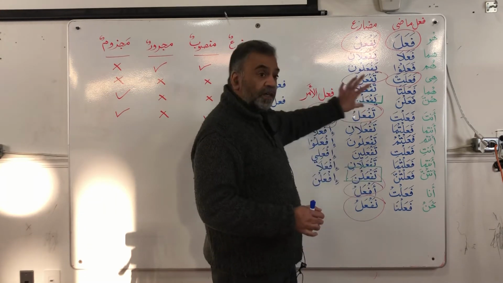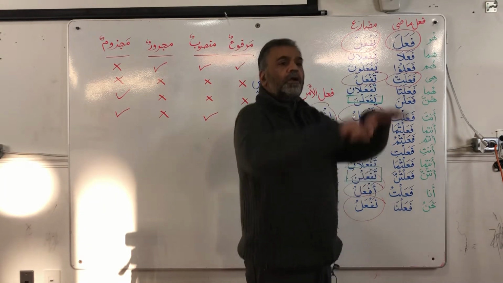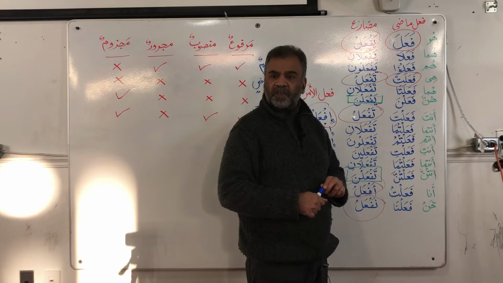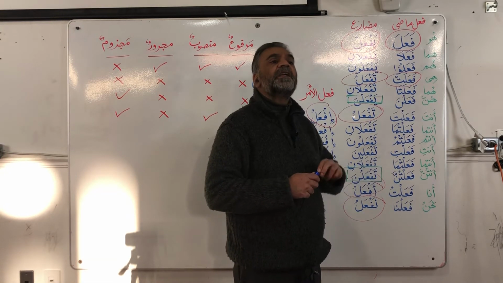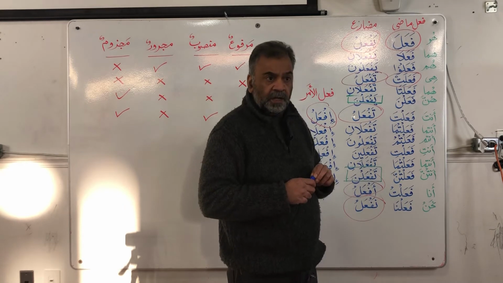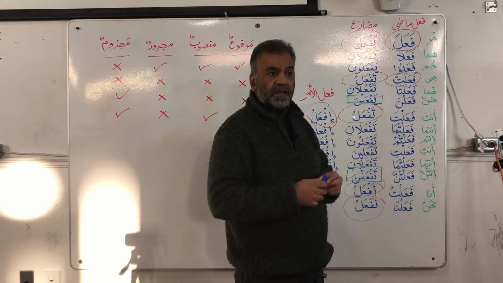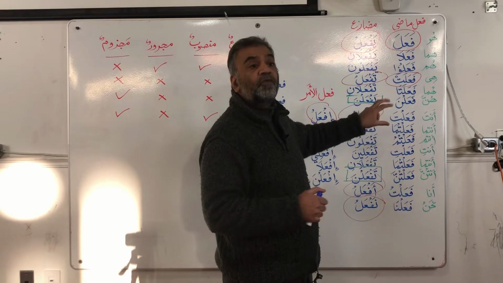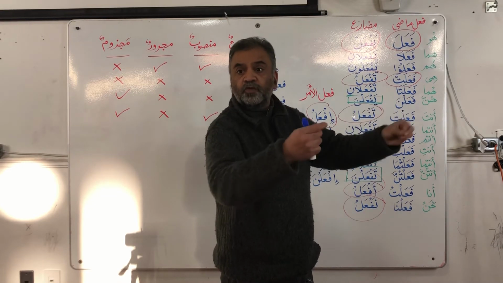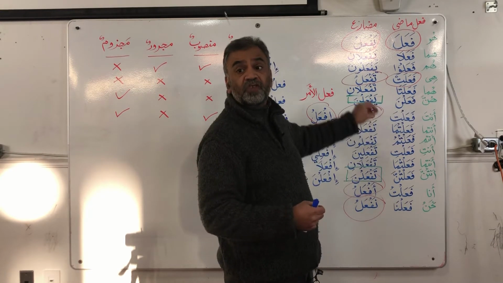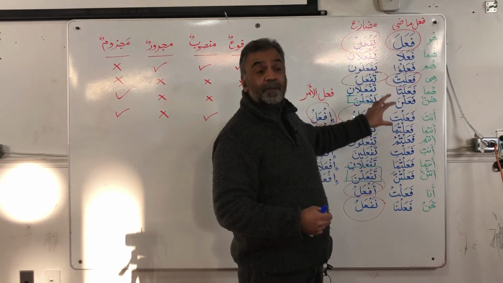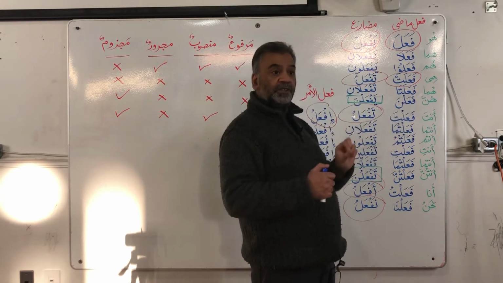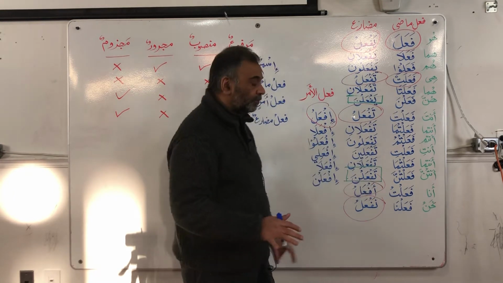So, if yaf'alna comes in the Quran, or we come across yaf'alna or taf'alna, how do I define it? Because they are mabni, there is no visible sign of it being marfu, mansoob, or majzoom, because this noon is not in this case representing the sign of marfu, but it is representing the doer of the action. And it is making sense.